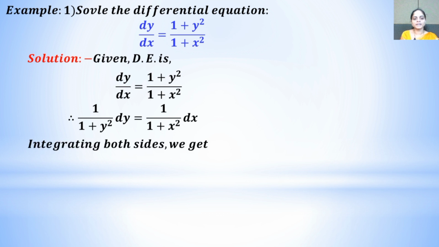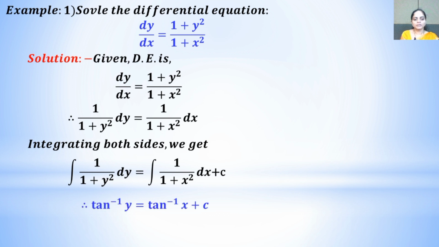Now, integrating both sides, we get integration of 1 upon 1 plus y square dy is equal to integration of 1 divided by 1 plus x square dx plus c. Therefore, tan inverse y is equal to tan inverse x plus c. This is the general solution of the given differential equation.